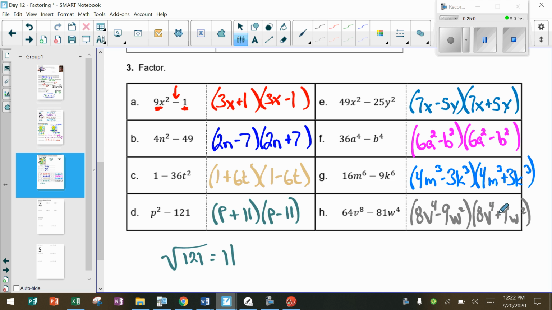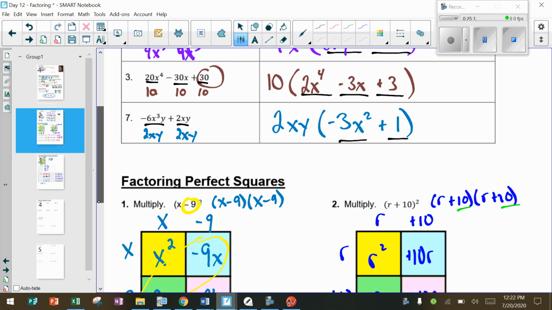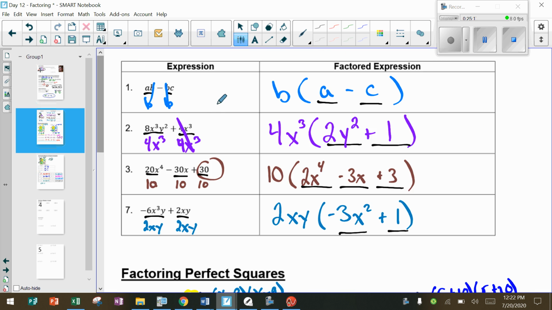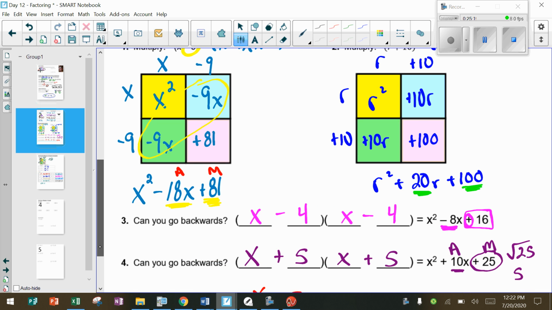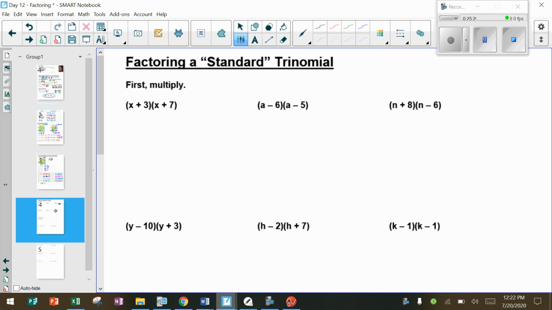The last type of factoring today is going to go back to similar to what we did with our perfect squares up here. So we focused on what numbers multiply to be the last number in the expression. And then the same two numbers that multiply to be 81 had to add up to the middle number of negative 18. That's how we're going to do our standard trinomials.